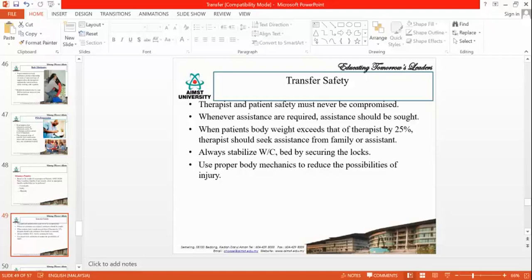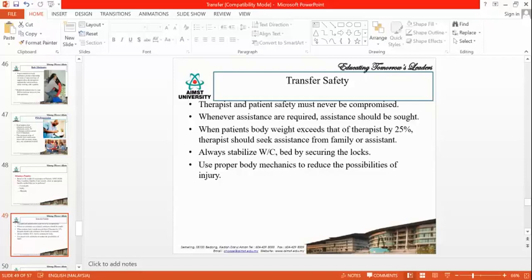Another thing, as I said earlier, do not compromise on the safety of the therapist as well as the patient. Both of you are important. It is not the patient alone; the therapist's safety is also very important.